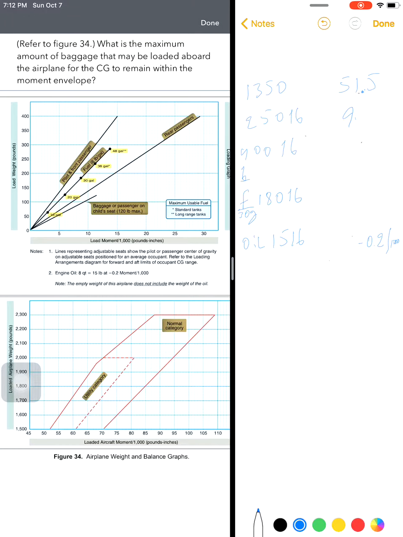9 divided by thousands, right? So write 9 on that, and then we're going to find the 400 pound rear passengers. We can come all the way down, and that's 400 pound rear passengers, all the way up here with a bigger line. Come down, so it's about 29 there. And then let's get the fuel first, before baggage.